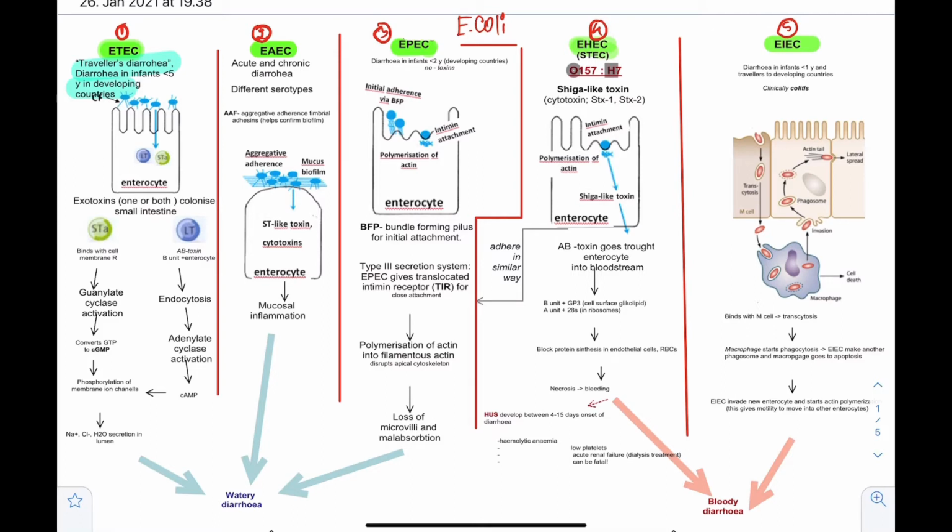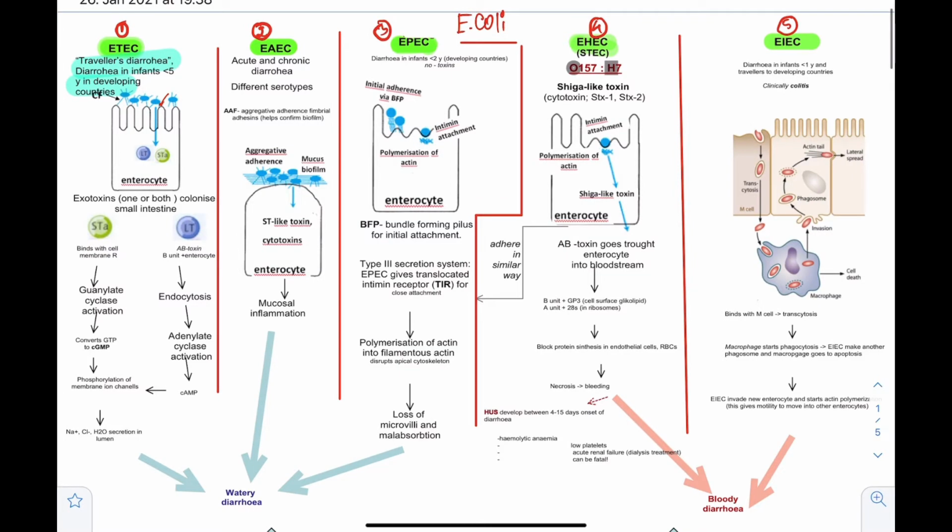So here you can see the needle-like processes of the bacteria, and they are injecting toxins directly inside the cell.